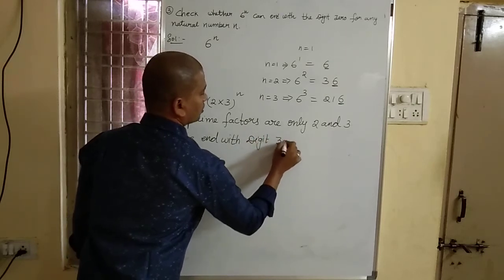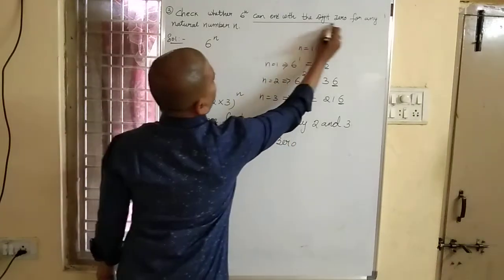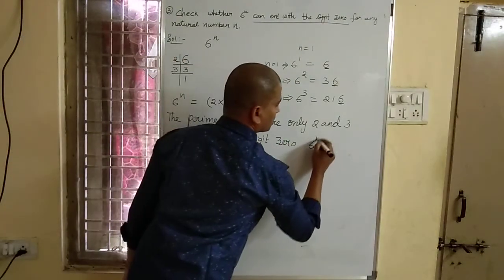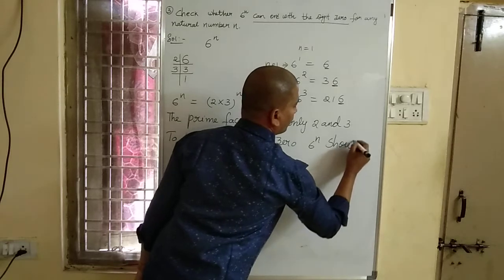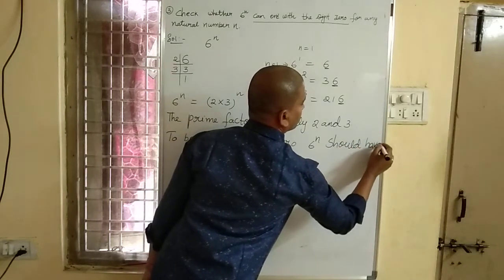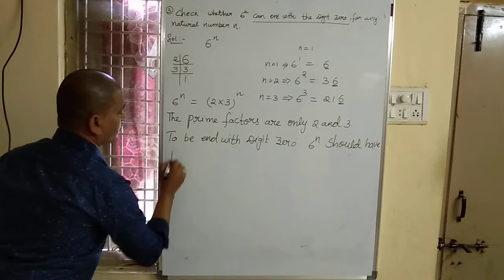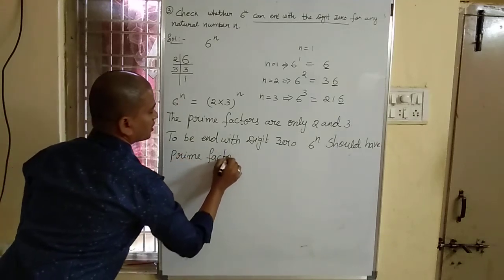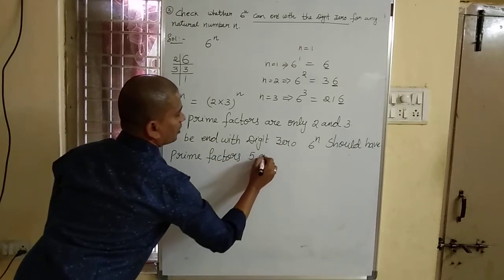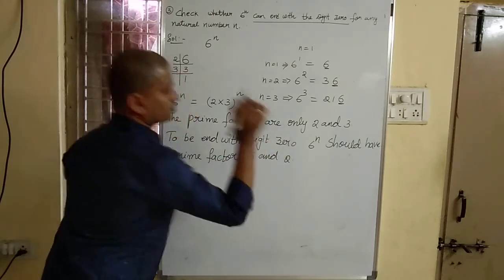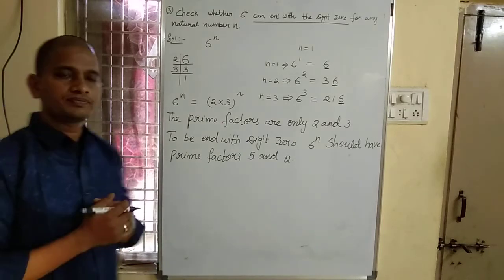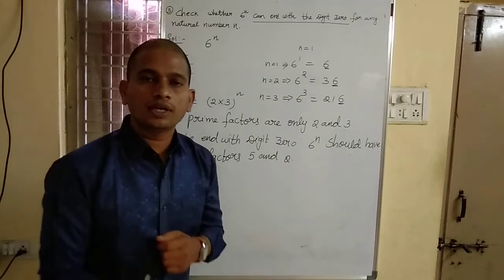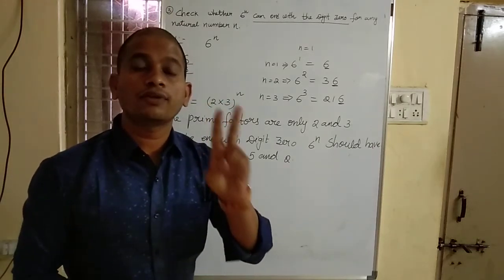To end with digit 0, 6 power n should have prime factors 5 and 2. See, whatever the number, to end with digit 0, it should contain the prime factors 2 and 5.